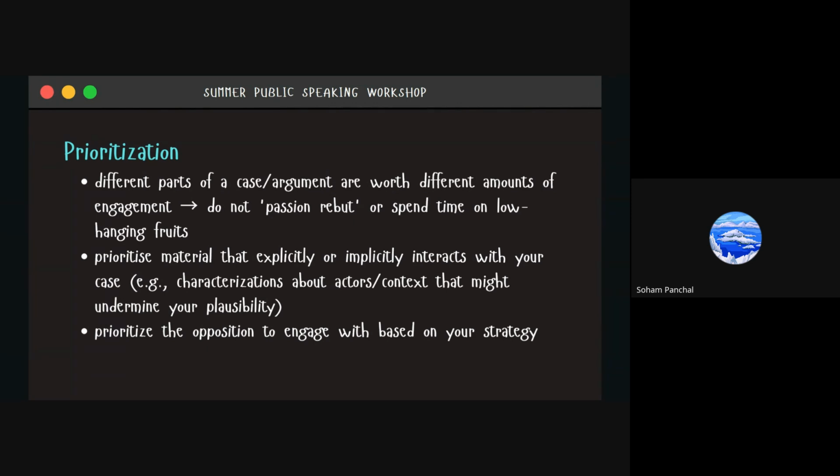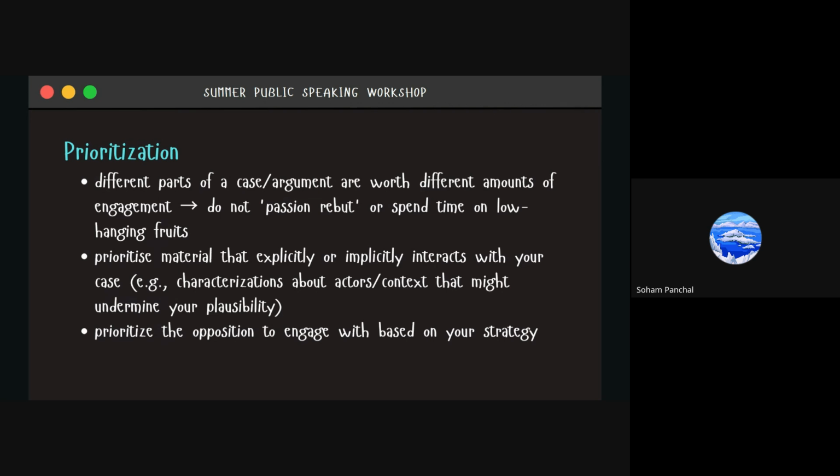What you just say is that the arguments you are making, or the case you are building, is not in the scope of the debate, or not what the motion is trying to tell you. So in that case, you should not respond to all the statements they have given. You should only respond to the arguments which you think are very important to the motion, or which lie in the scope of the motion.